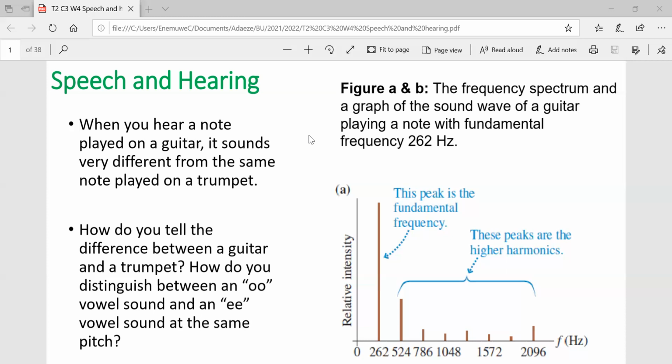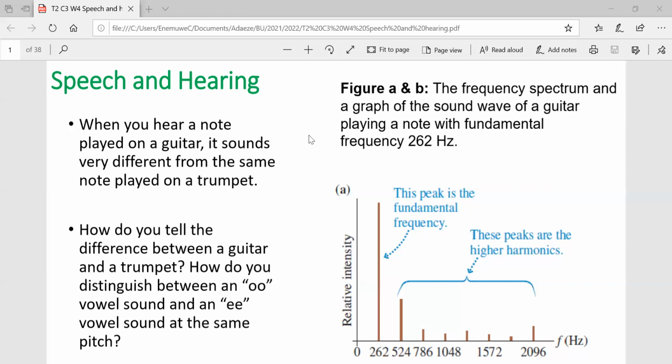Even if the keys played were the same, the sound that comes to your hearing is different. And the same thing applies when you speak. If you use different vowel sounds, you notice that the sound that comes out from your mouth, the pitch, is different, and you're also able to tell the difference.